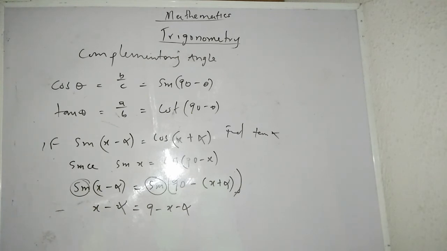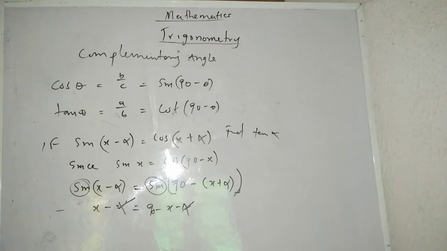If I collect like terms, alpha will cancel alpha, and this is 90. Now alpha has cancelled alpha.